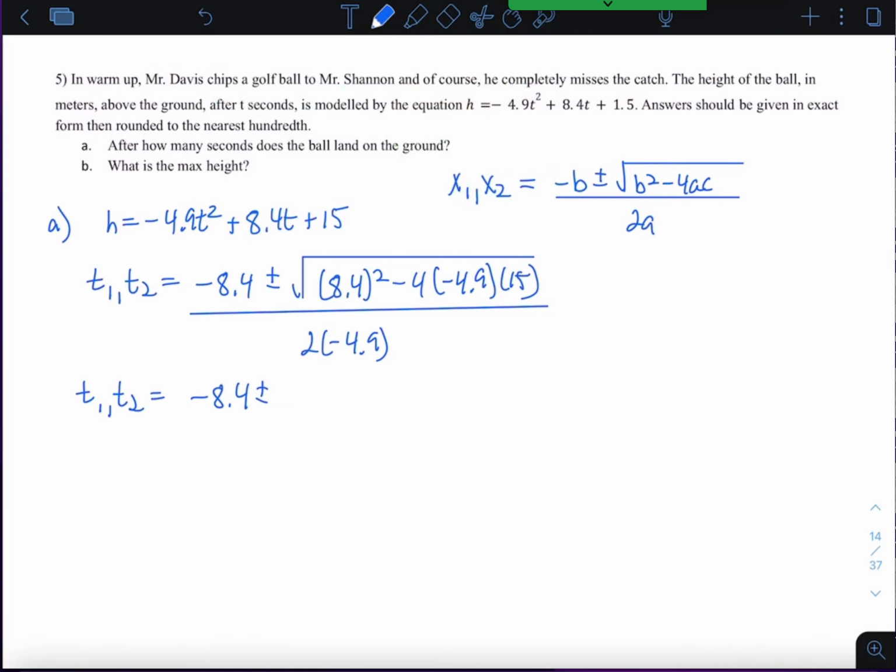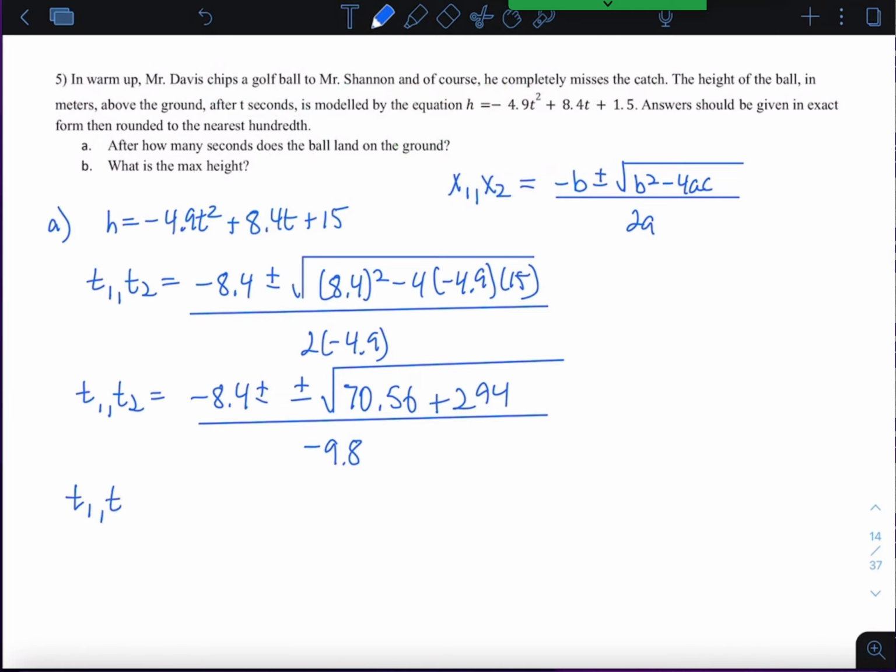All right. T1, T2 is negative 8.4. Now it's asking us to do this exactly, so let's make sure we get it right. Plus or minus the square root of 70.56 plus 294 over negative 9.8.